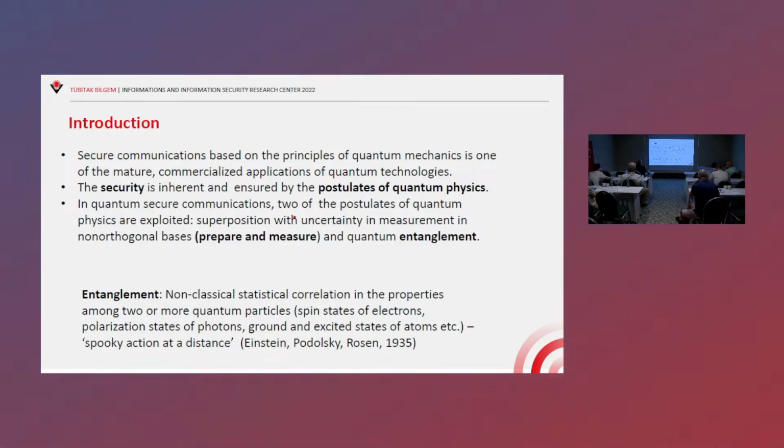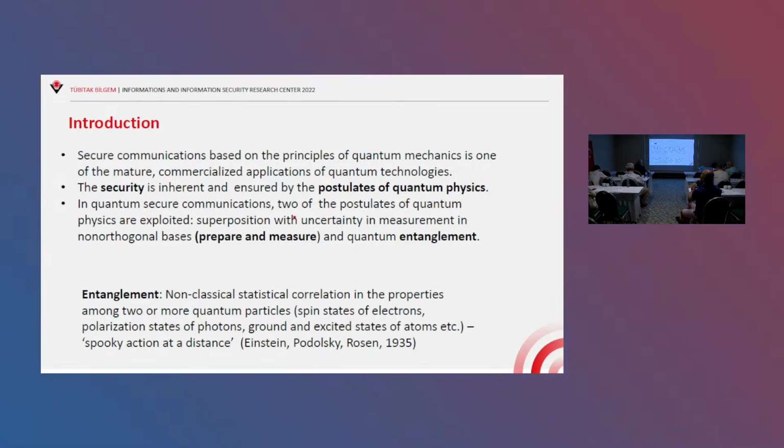Entanglement, as we all know, is a non-classical statistical correlation in the properties of two or more quantum particles. These properties could be the spin states of electrons, or polarization states of photons, or ground and excited states of atoms.